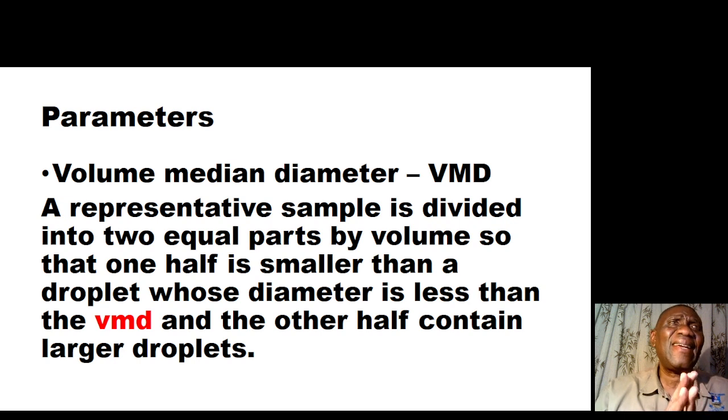You have a representative sample of the droplets, which is divided into two equal parts by volume, so that one half contains droplets whose diameter is less than the VMD, and the other half contains larger droplets. Maybe we have to use a diagram to explain this.